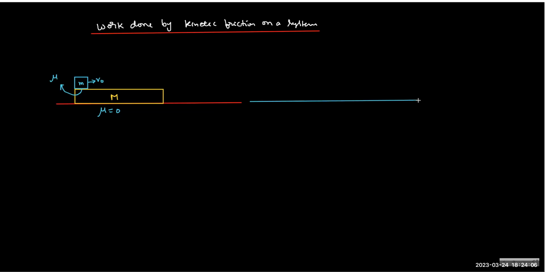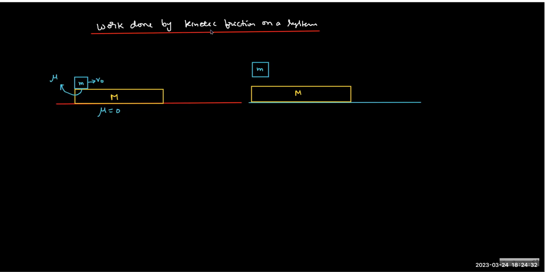The first thing that will happen is, because of friction force, the plank will accelerate towards the right, correct? So what will be the direction of friction force on the small block? Any guess? Towards the left.